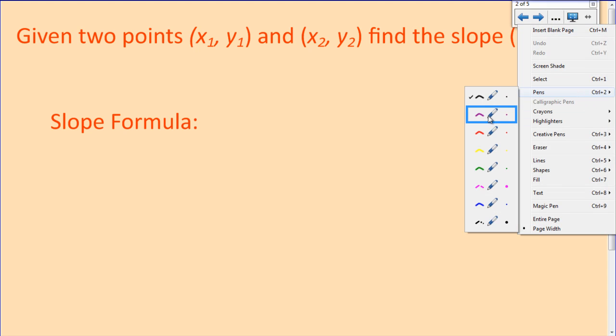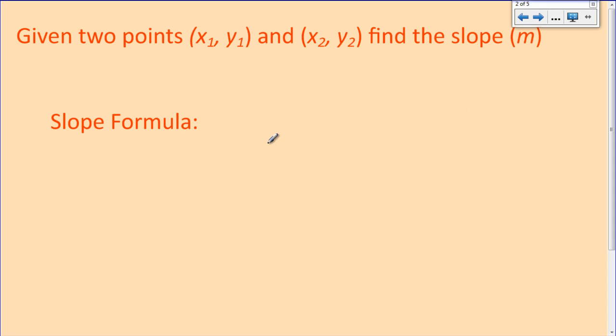And so here is what the slope formula looks like. Please do not let it mess with you. It is not a big deal. Slope is going to be, if you will remember, the change in y over the change in x. And so we're going to be finding the change in the y values and the change in the x values. And if we are talking about what that means mathematically, the change of something is to subtract it.